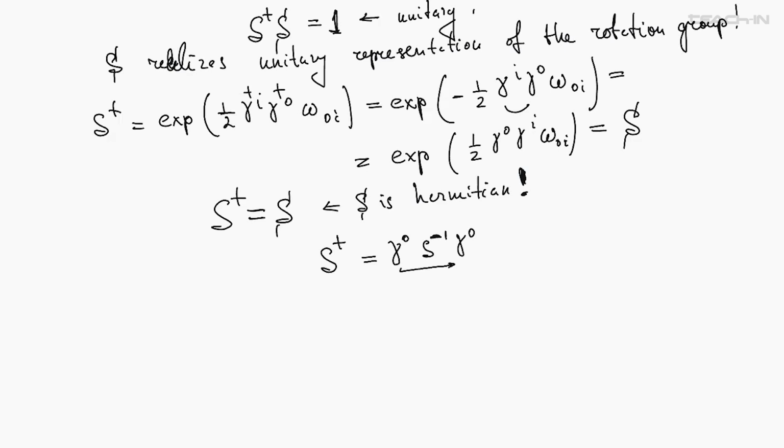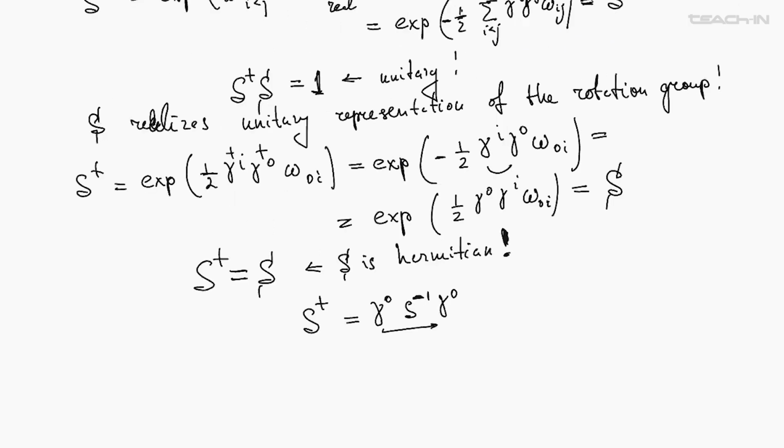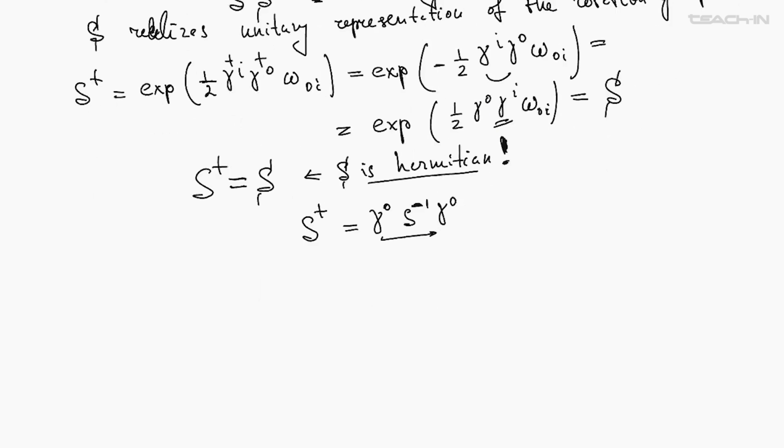On the other hand, if S is a Lorentz boost, then gamma 0 anti-commutes with the gamma I standing in the exponential, and for this reason you get a minus sign, S minus 1 turns into S, and you get the Hermitian condition for the matrix S corresponding to Lorentz boosts.